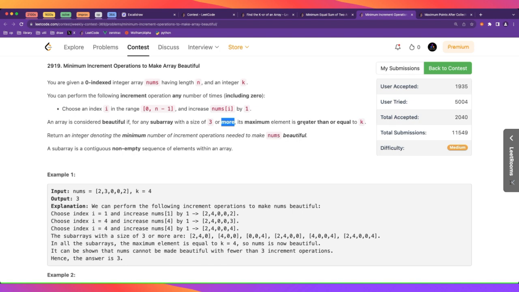So what do we do when the greedy choice is not possible? Well, we can do dynamic programming. We can do what sometimes is called take it or leave it. We have to decide whether we increase the current element or not.